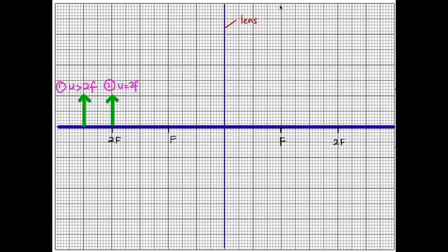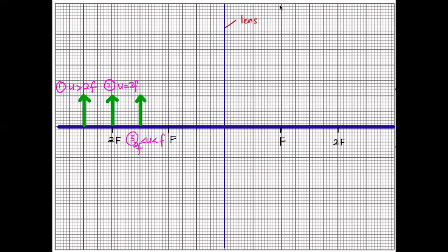The third one is the position of the object in between F and 2F. So you can see here, the position of the object is in between F and 2F. This is number 3, not enough space, sorry. Less than 2F, more than F, in between.